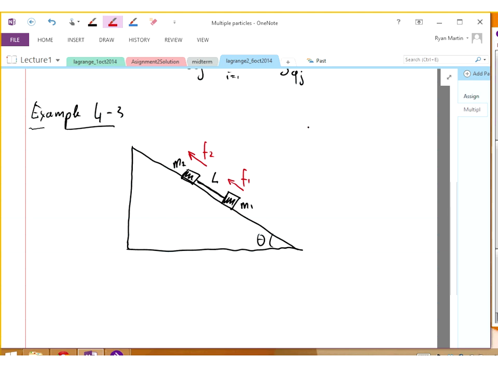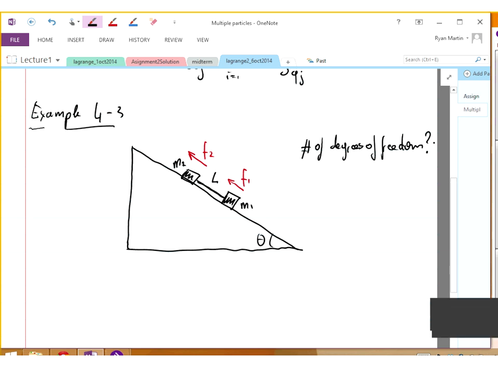And so the question is, find the equations of motion. So the first question is, how many degrees of freedom? And here, it should be clear that there's only 1 degree of freedom, right?